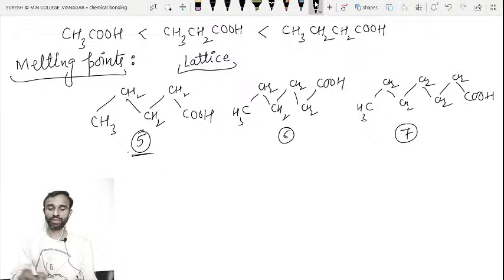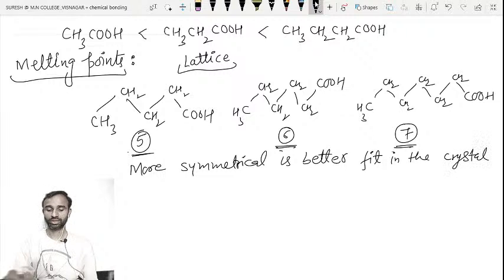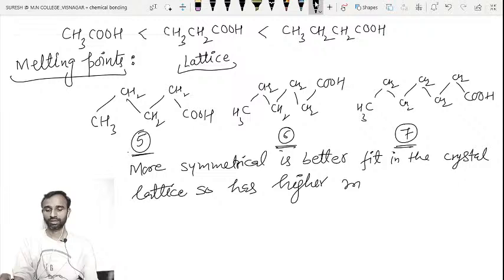Out of 5-membered, 6-membered, and 7-membered carboxylic acids, which one is more symmetrical? More symmetrical is a better fit in the crystal lattice, so it has a higher melting point.